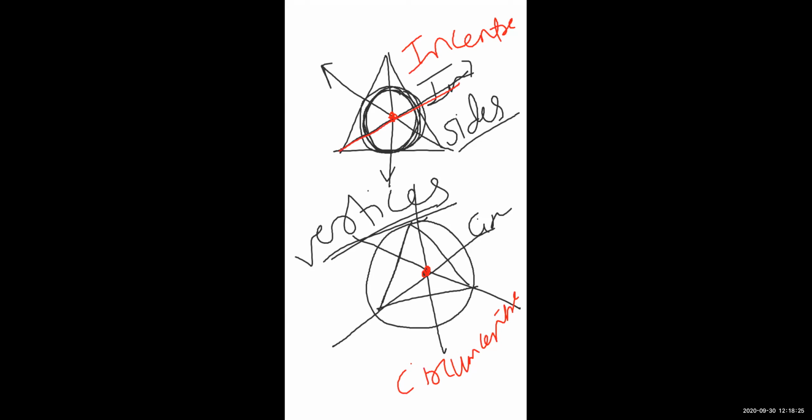Exactly opposite of that is the circumcircle. The circumcircle is outside the triangle. It touches the vertices of the triangle, and to find the circumcenter, we have to draw the perpendicular bisector. Till here it is clear, student?